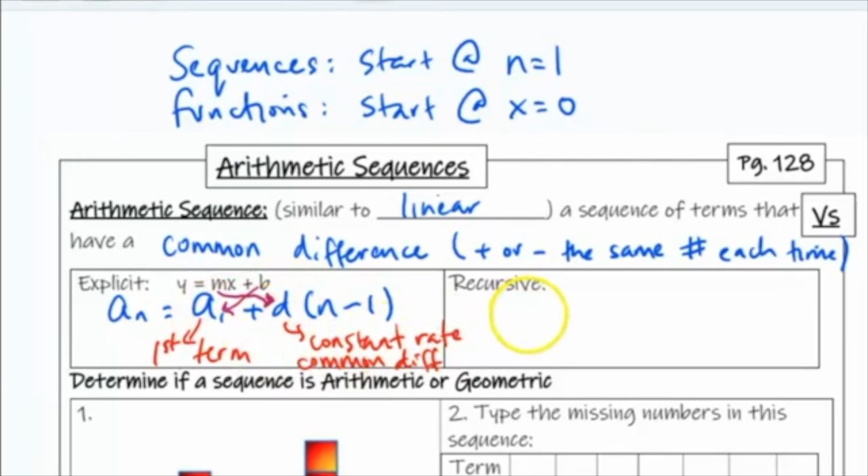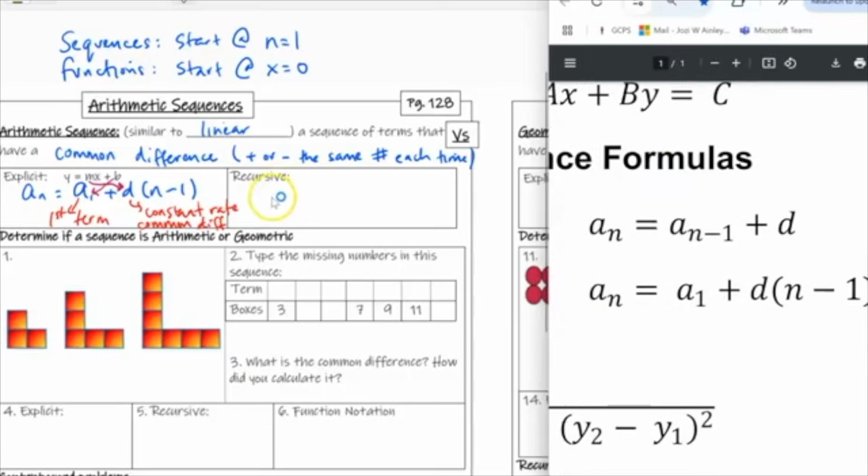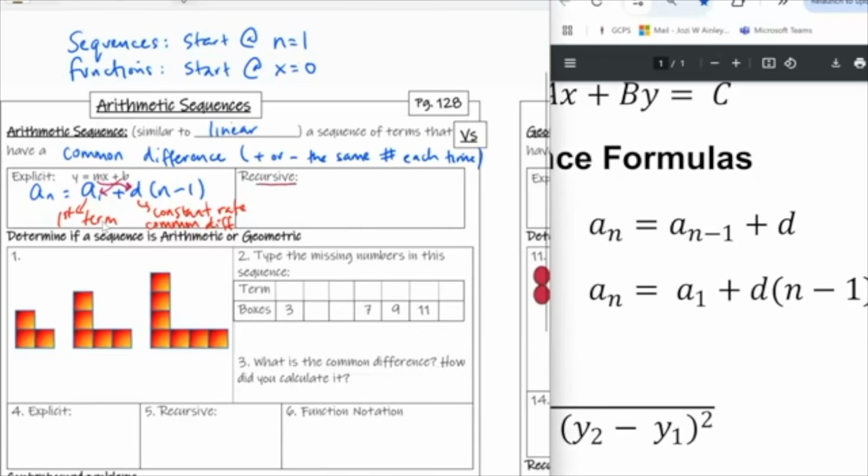All right, let's go ahead and write the recursive formula. So that was the explicit. The recursive one is this. The way I remember recursive, if you write in cursive, in order to write the next letter, you must have the one before because you connect everything. So that's what recursive means. So a sub n equals a sub n minus 1 plus d.